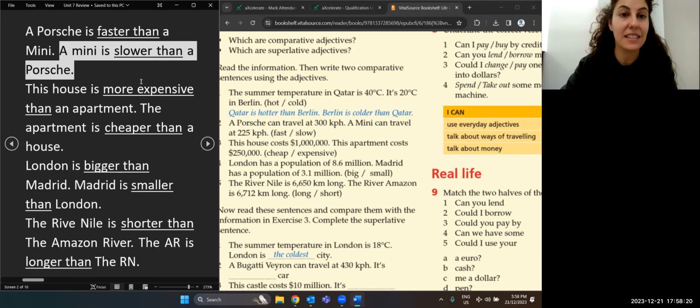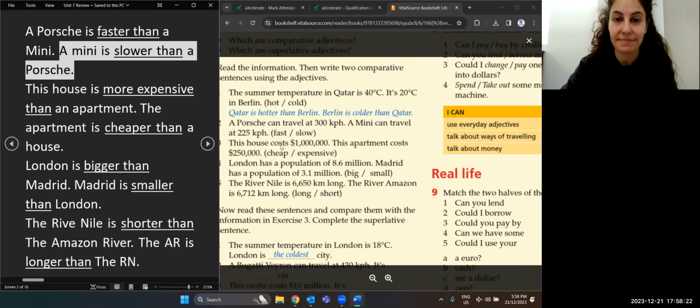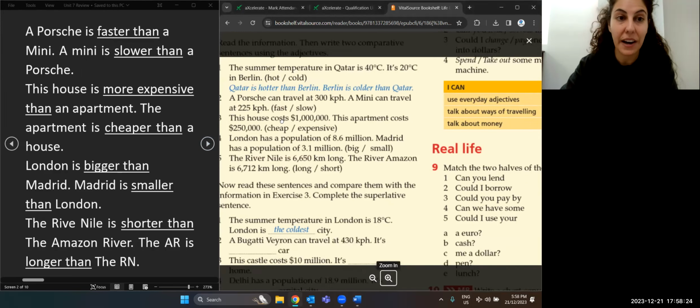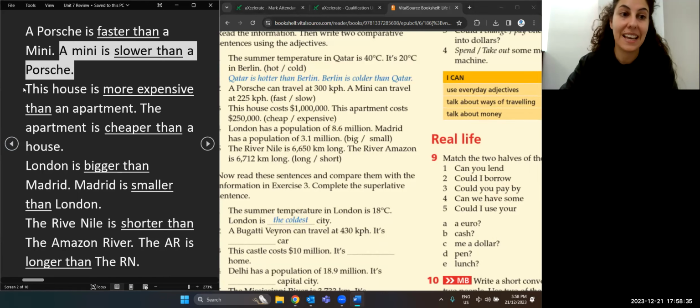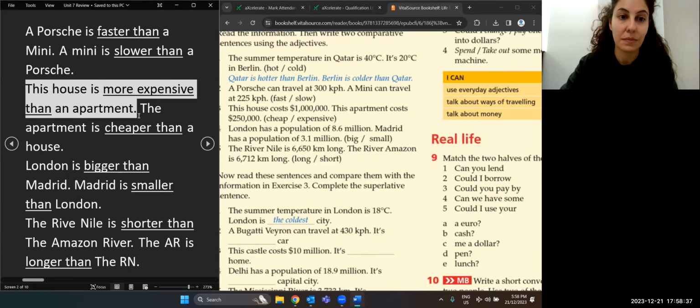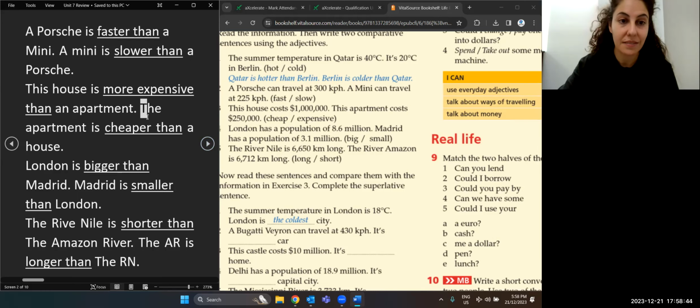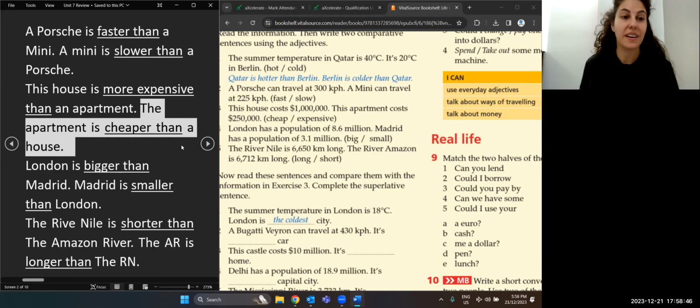Yeah, a Mini is slower than a Porsche. So we're only using the comparative here. We're comparing 2 objects. This house cost $1 million. This apartment cost $250,000. So the apartment is cheaper than a house. I'm comparing 2 objects.